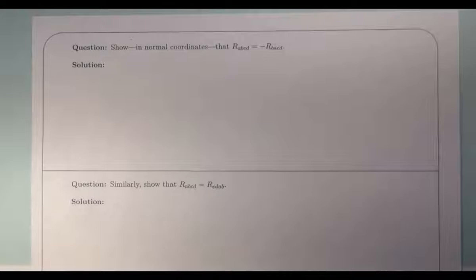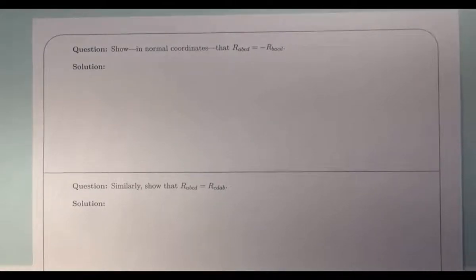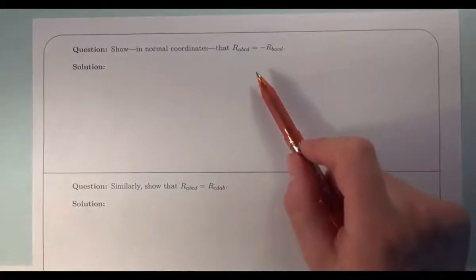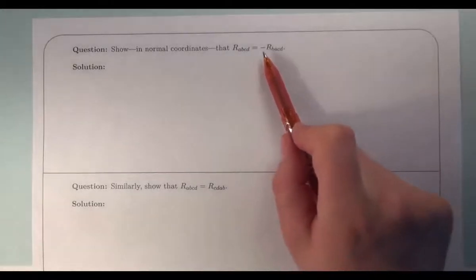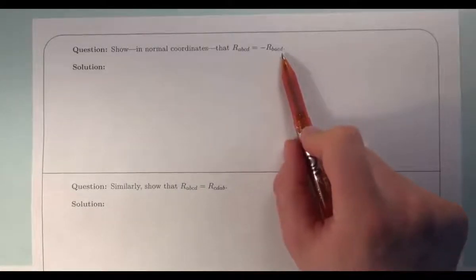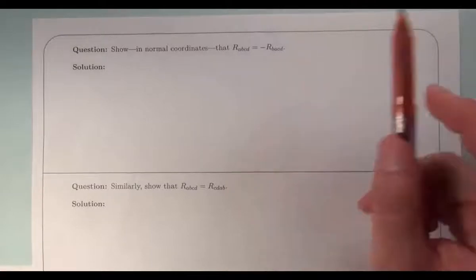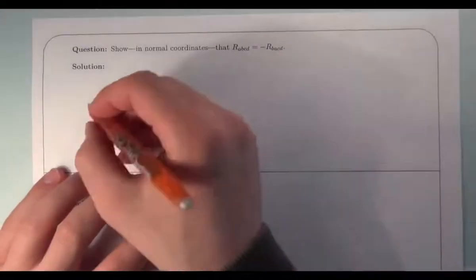We continue with the last exercise, and we are now able to show in normal coordinates that R_ABCD is equal to minus R_BACD. So we now show some Riemann-Christoffel tensor properties. Okay, we start.